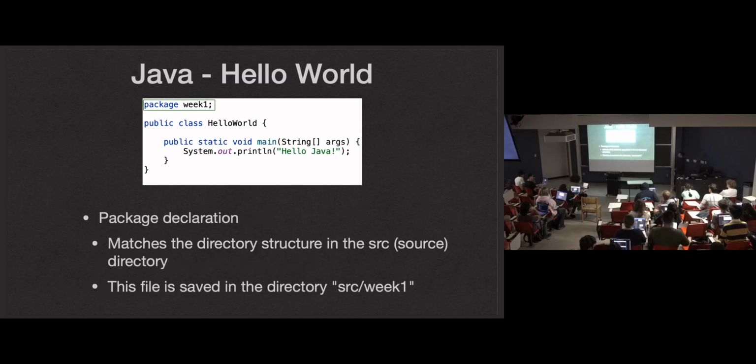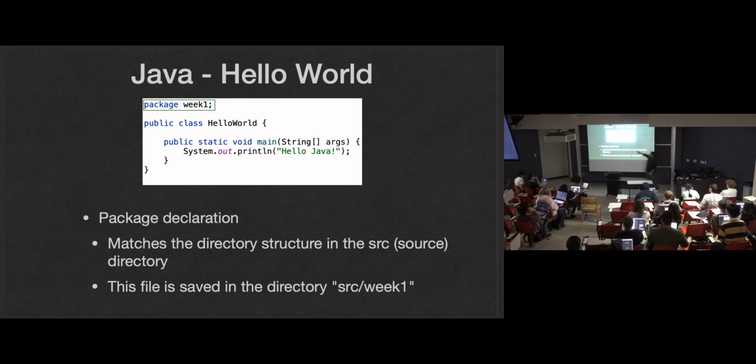So, package declaration. Let's just break this down one piece at a time. Package declaration, you can think of this as synonymous with the directory structure, the directory of this code. There are students I know who get confused when I say directory. Directory and folder I use synonymously. So this will be in the week 1 folder in your project structure.